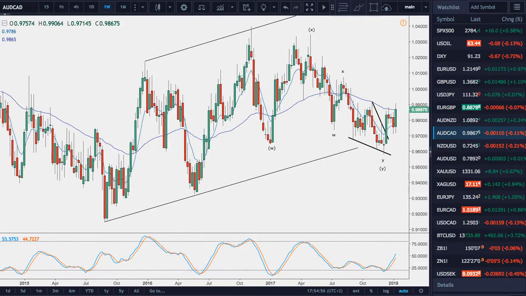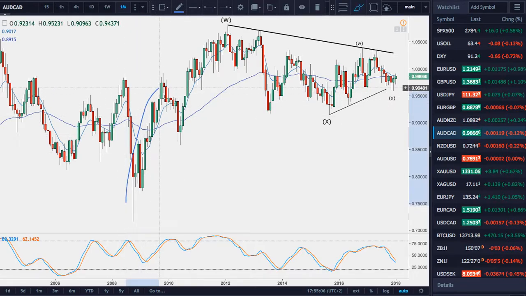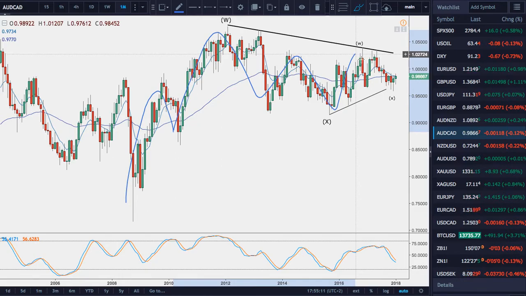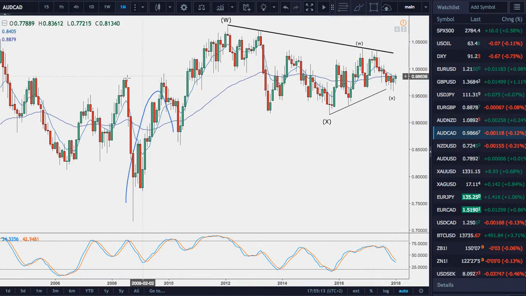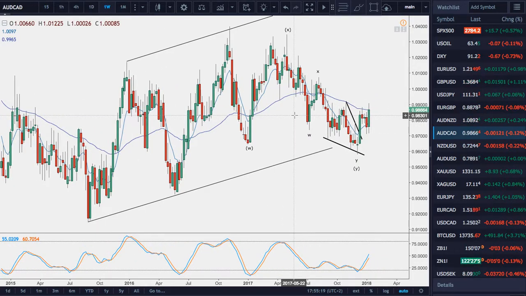Everything in Aussie Canadian has been in three waves. You can see that on the monthly. Everything's in threes. Up, down, up again 3, down again 3. So if it does continue up, I expect it to move up in threes again.